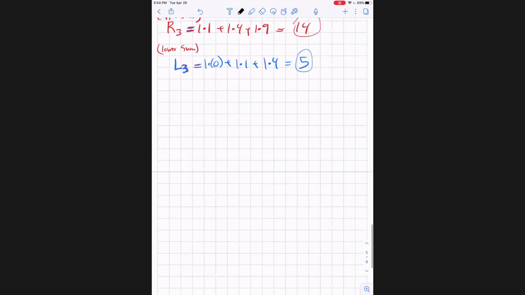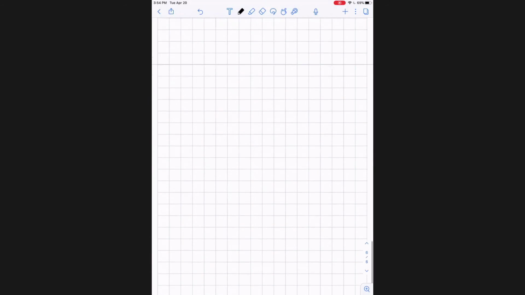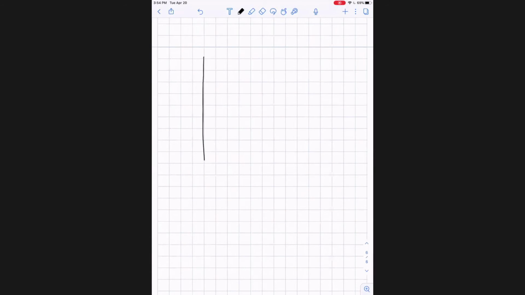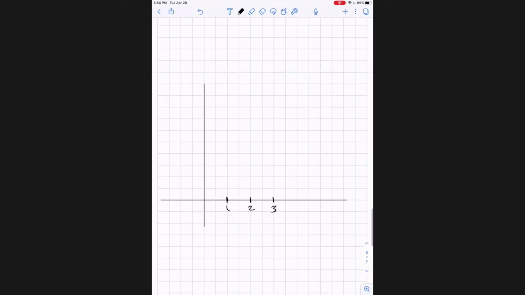Let me explain. Now, I'm not going to do it. Just go to this page here. Let me just make this a little bit wider here. So let's just say you had some curve that looks like this.